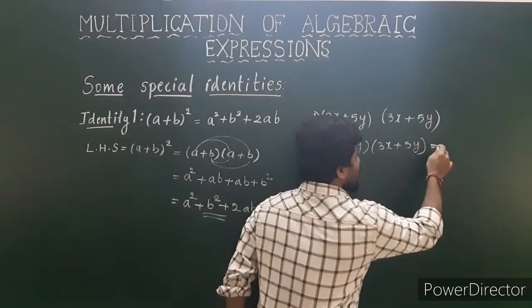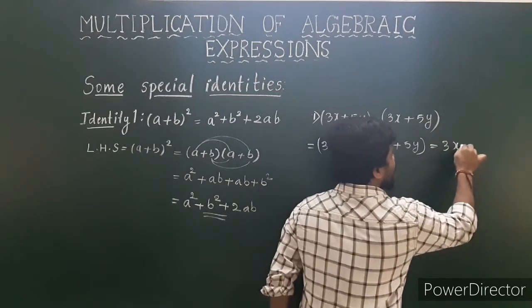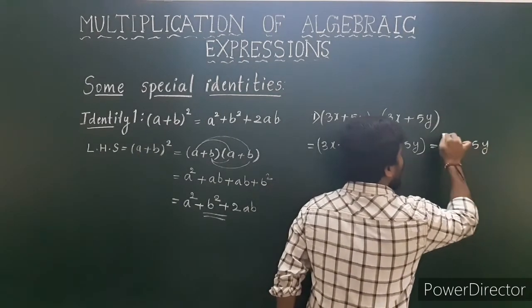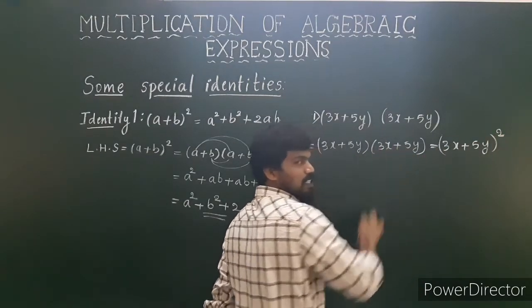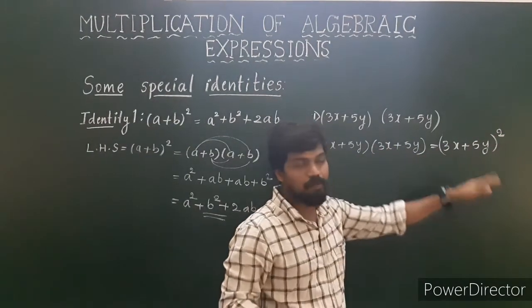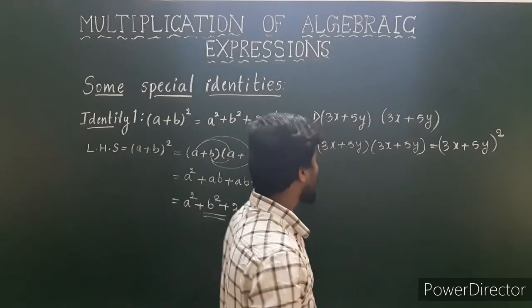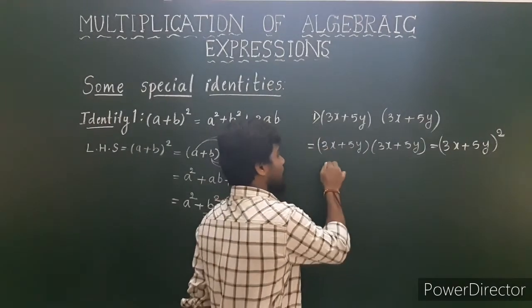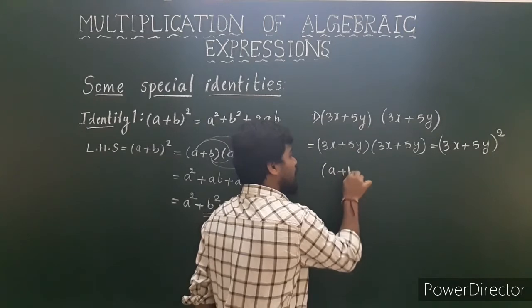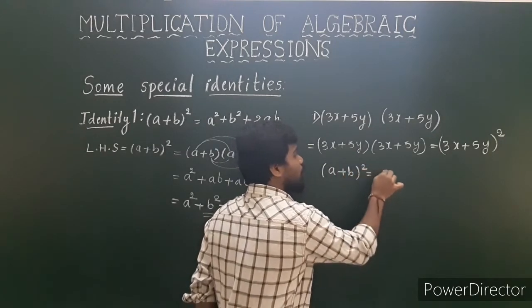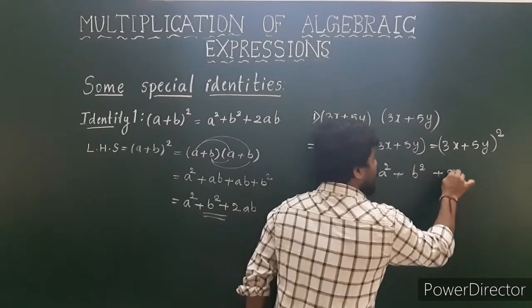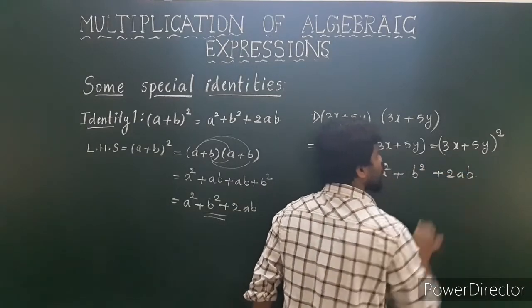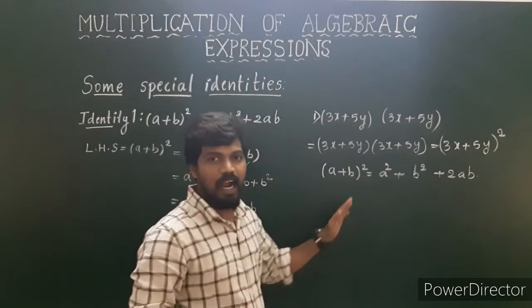That means 3x plus 5y whole square. We have an identity. You know that a plus b whole square equals a square plus b square plus 2ab, right? So this is applying the identity.